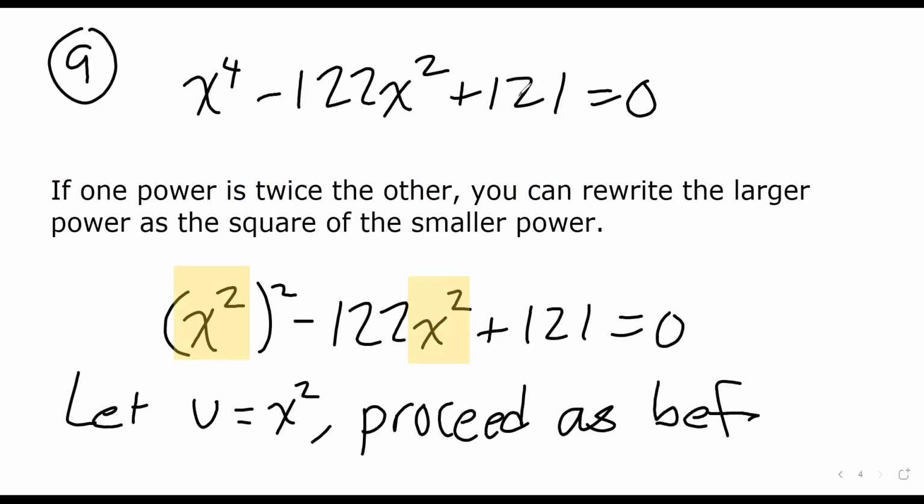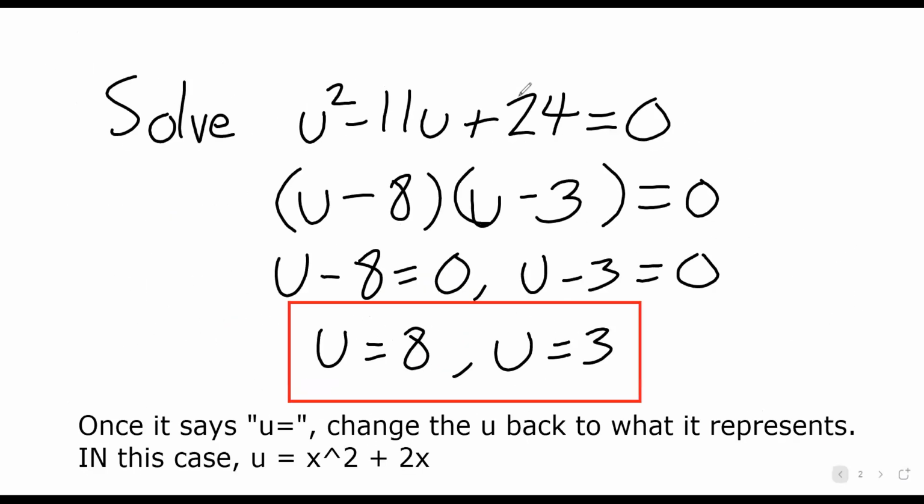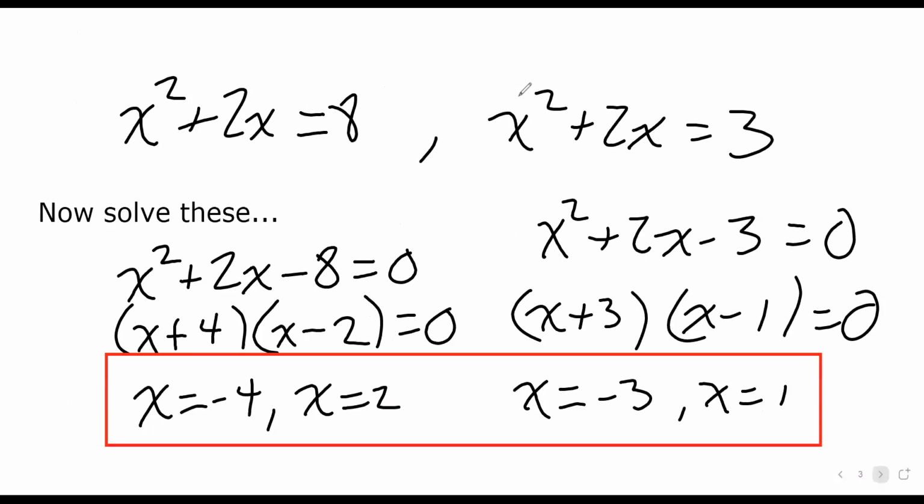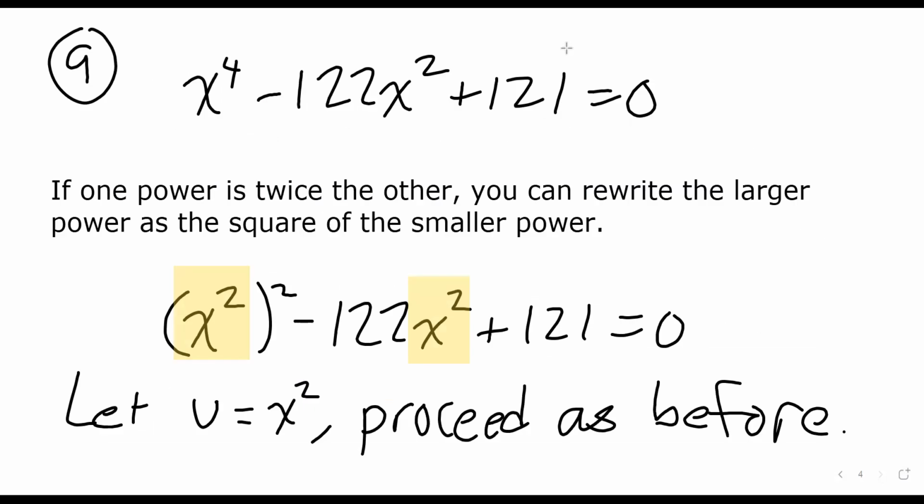So it basically ends up doing the same thing we did before. We get a quadratic equation, we solve it, but after we solve it and take out the u, in this problem, instead of changing it to all this, we would just change it to x squared.